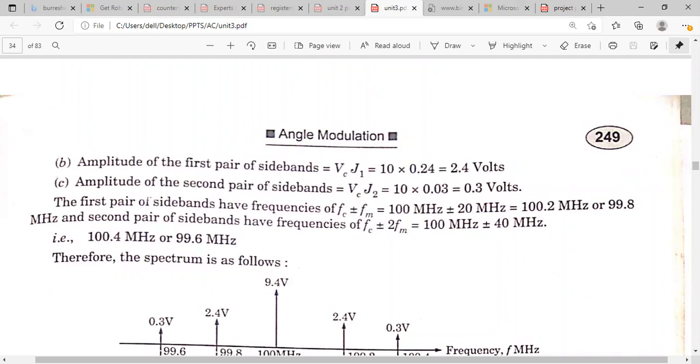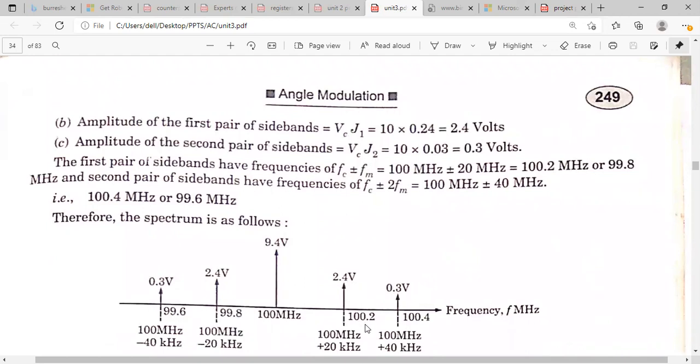The center frequency is the carrier frequency, and its amplitude is 9.4 volts, at 100 megahertz. And for the sidebands, FC plus FM and FC minus FM. So FC plus FM, you will get 100.2 megahertz, and its corresponding amplitude is 2.4 volts.